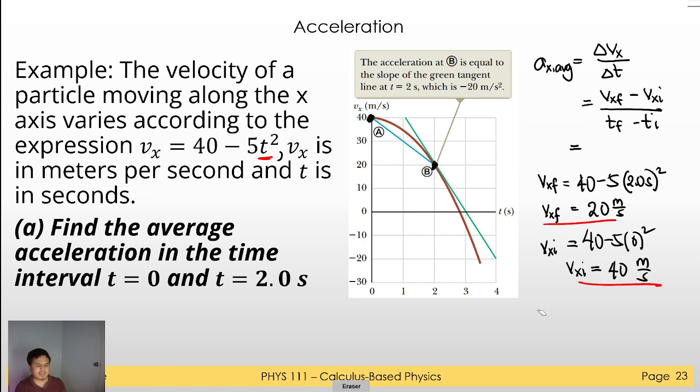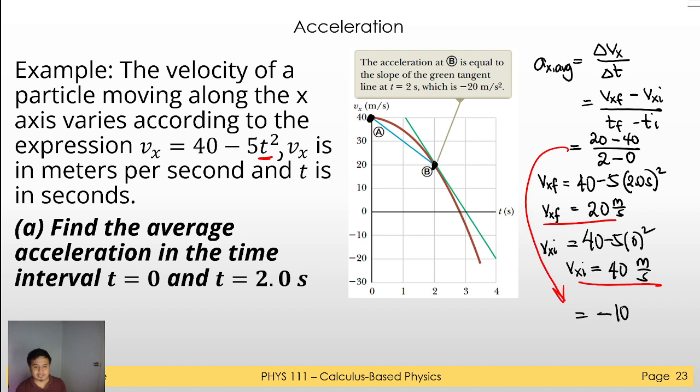So therefore the average velocity here will be 20 minus 40 over the final time, which is 2, minus the initial time, which is 0. This will be equal to negative 20 over 2, so this is negative 10, right?